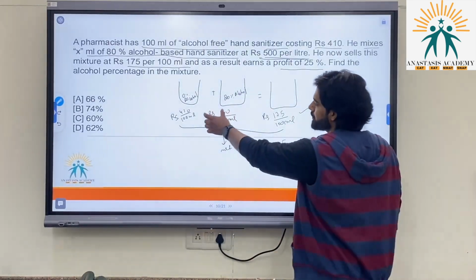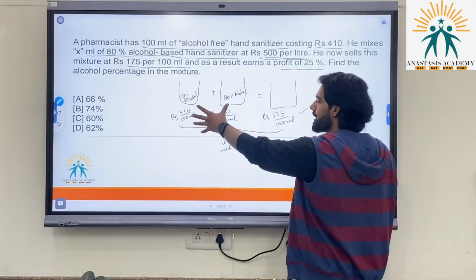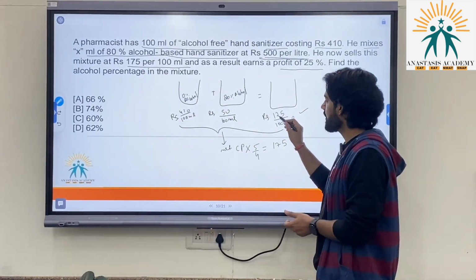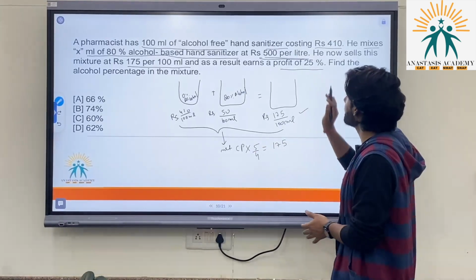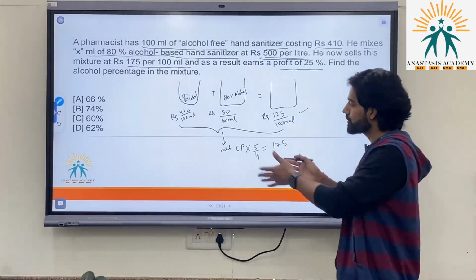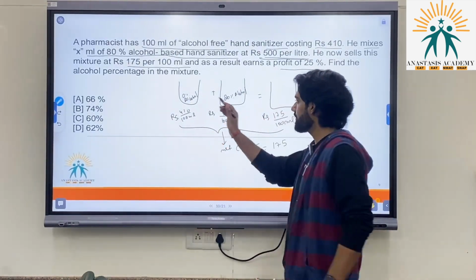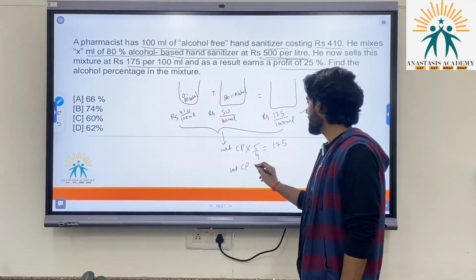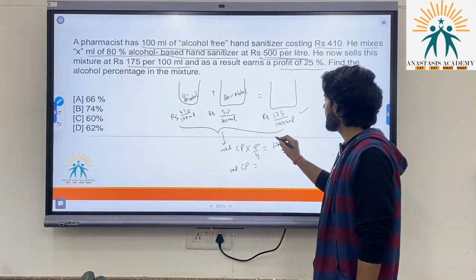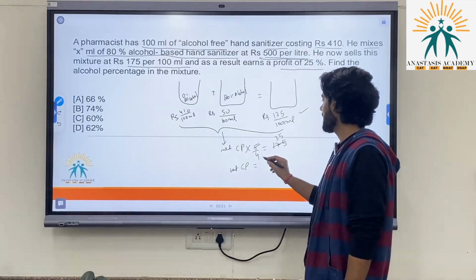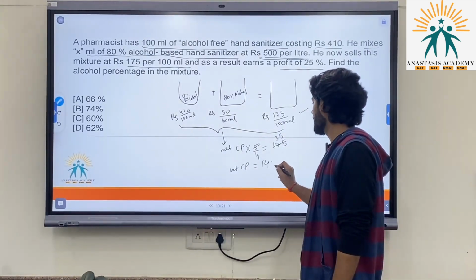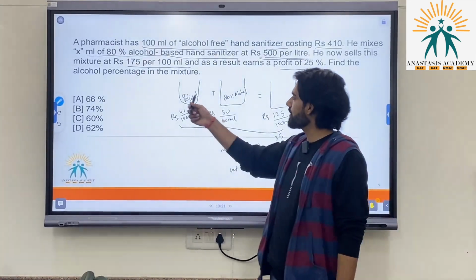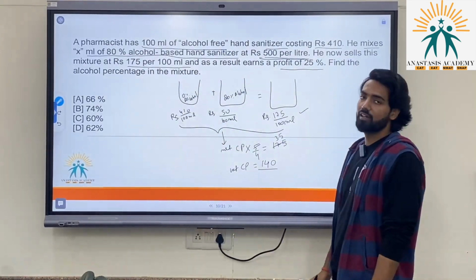So the net effective cost price for this mixture, the net CP, would be how much? 140. So 140 is the effective cost price when I am mixing this 0% and 80% alcohol.